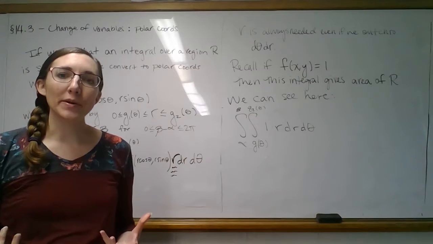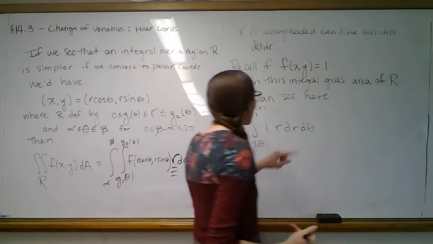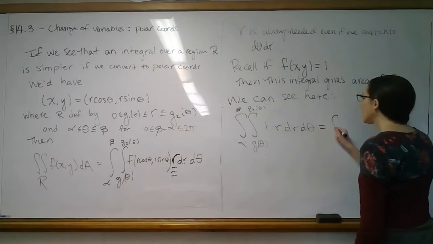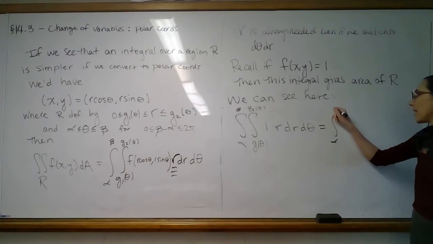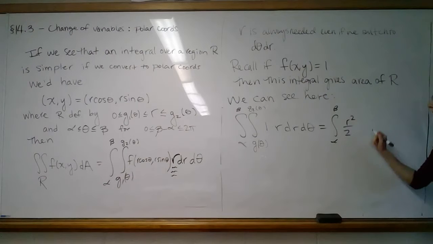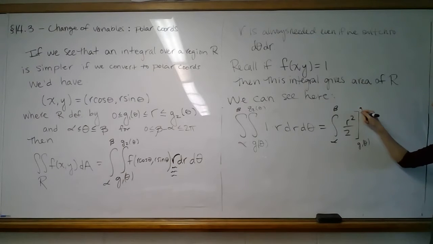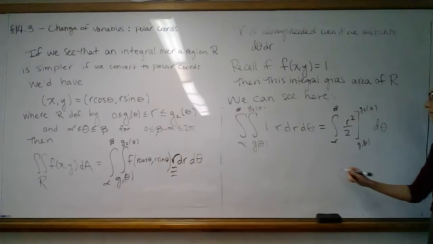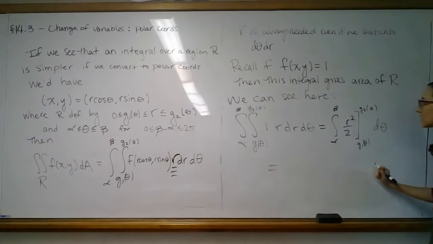So then we would be integrating r dr, which is going to be the integral from alpha to beta of r squared over 2, evaluated from G1 of theta to G2 of theta, and we're going to do this d theta, and take a look at what that simplifies to.